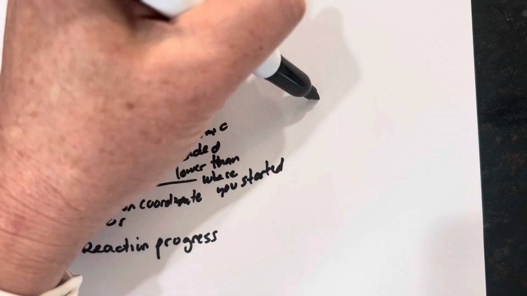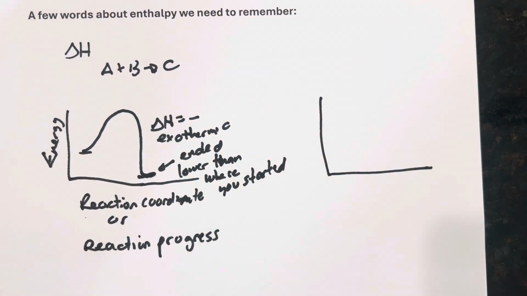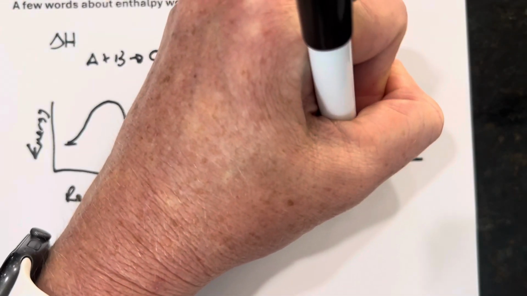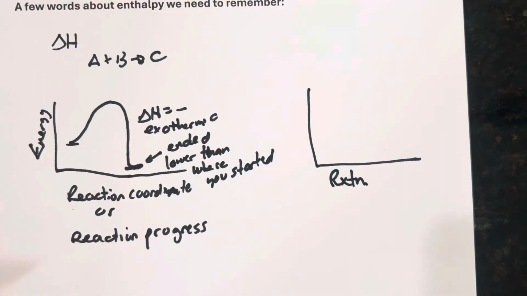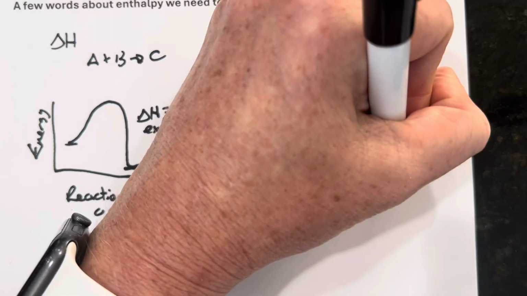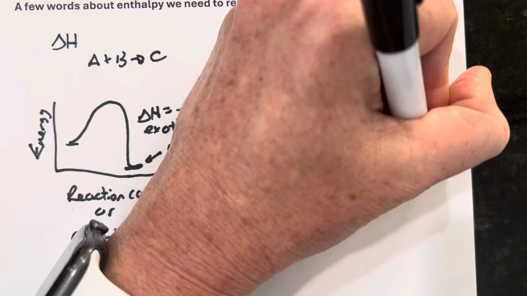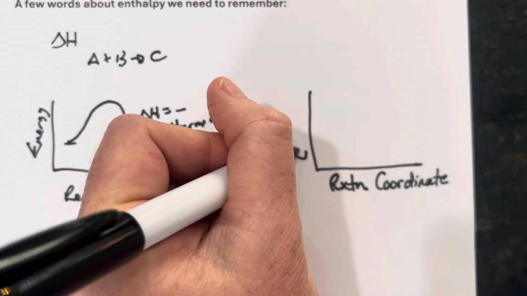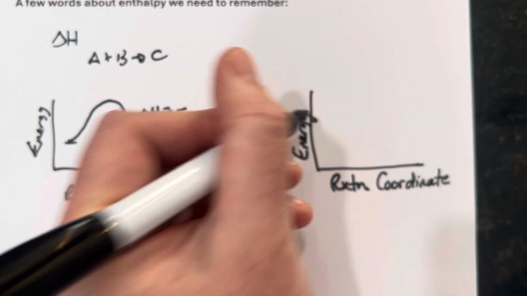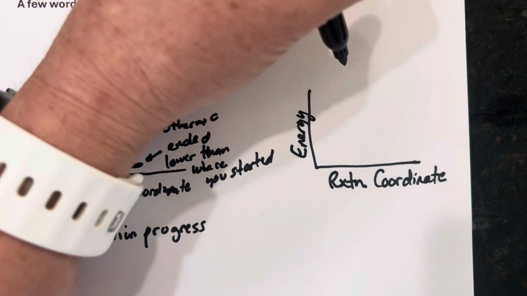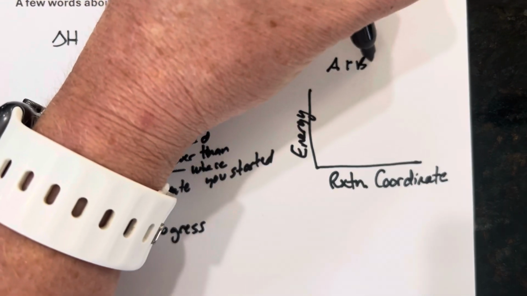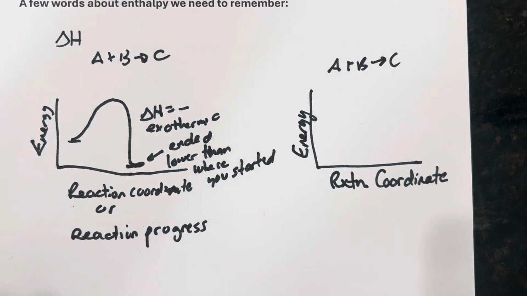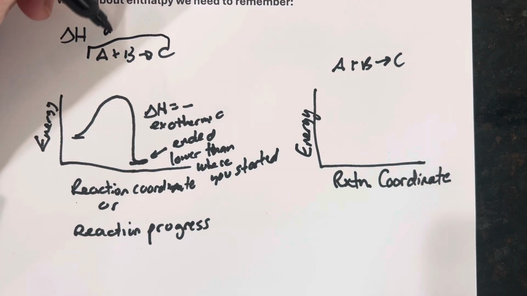Okay. Then if we do the opposite over here, again, I'm just going to put Rxtn for reaction coordinate, and over here is energy. And for any other reaction, like A plus B yielding C, doesn't matter. So this represents any reaction.